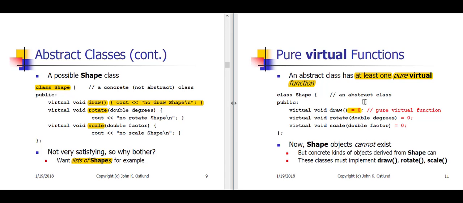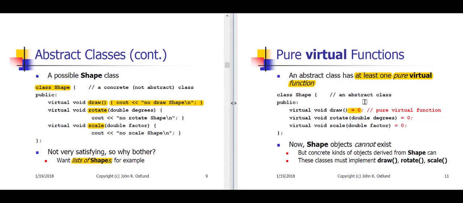So in this example on slide 11, shape is truly an abstract class. A shape has a draw public member function, it has a rotate public member function, it has a scale function, but the shape class itself does not define any code for those functions.